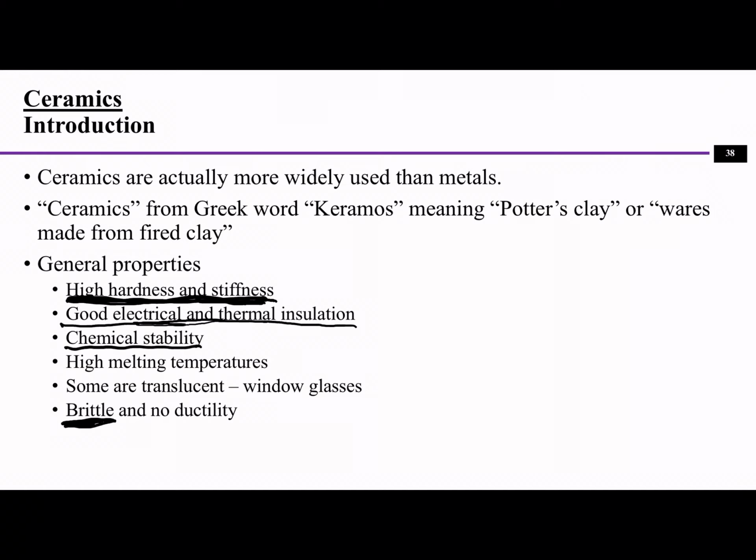Also, they are chemically stable. So a lot of times they can be used as containers, because usually they do not react with different chemicals. They also have a high melting temperature.